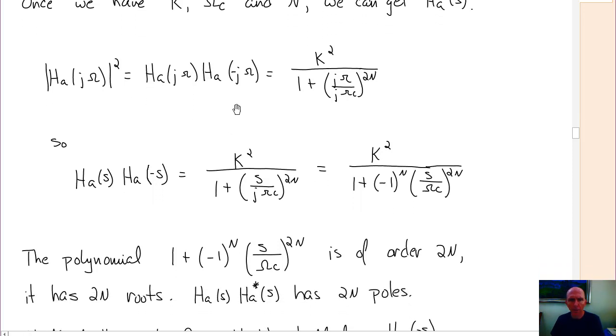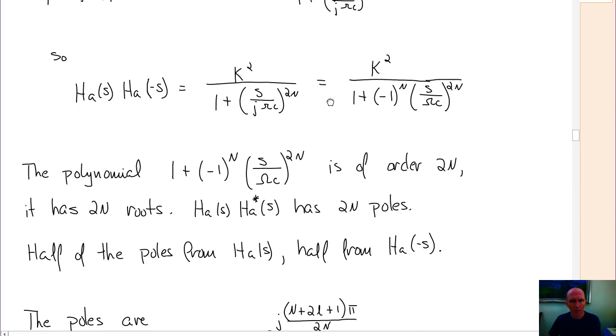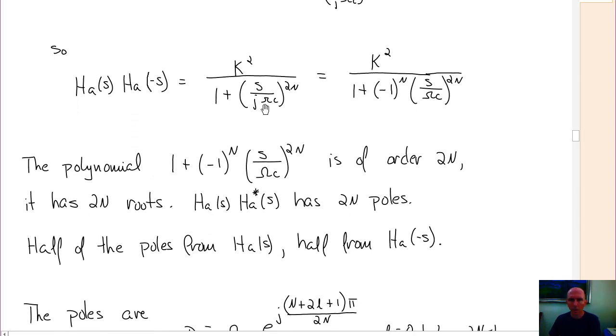Now, we want to get the transfer function, which is of course a function of s. So we can substitute here, and we can get the same function, but now in terms of s.